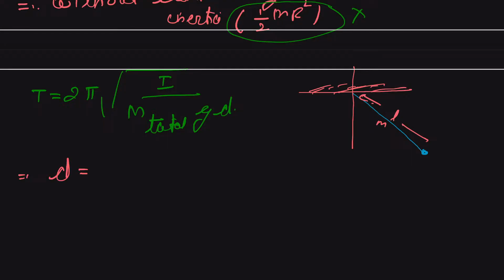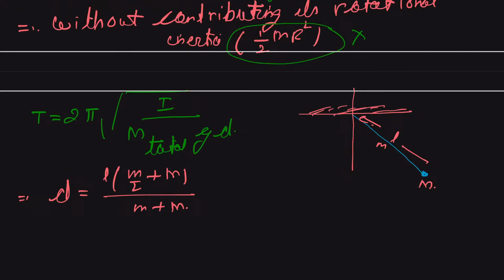So here d will be equal to L times m by 2 plus m, and total will be m plus capital M.